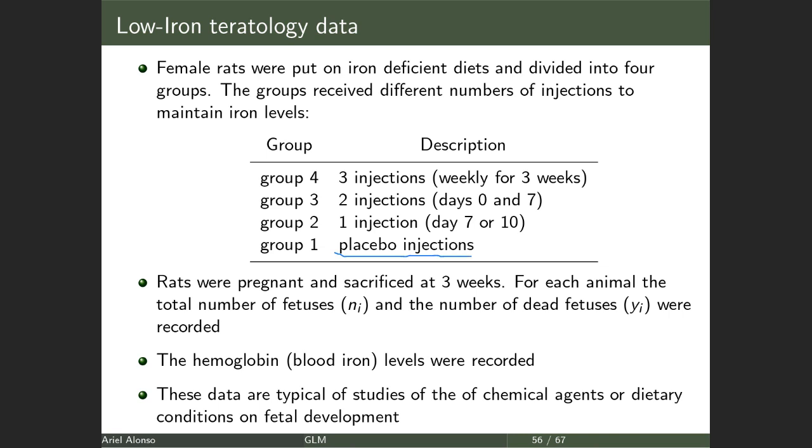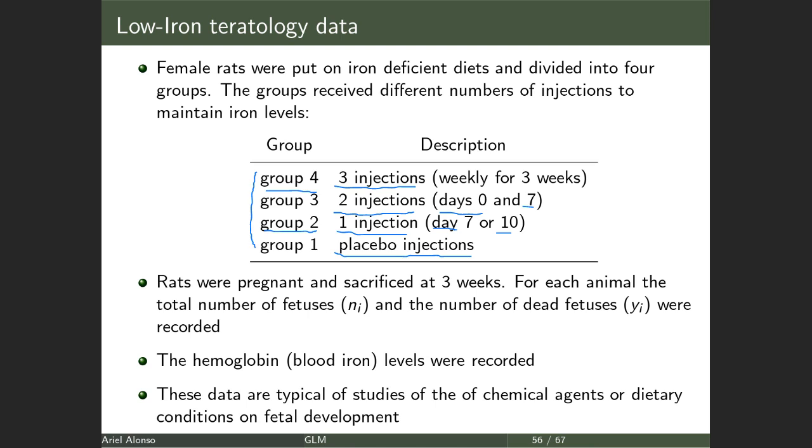Group 2 received 1 injection at day 7 or 10. Group 3 received 2 injections at day 0 and 7. And group 4 received 3 injections weekly for 3 weeks. So these are the 4 groups. Remember that their diet was deficient in iron.